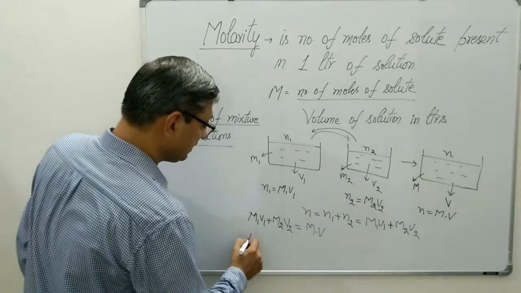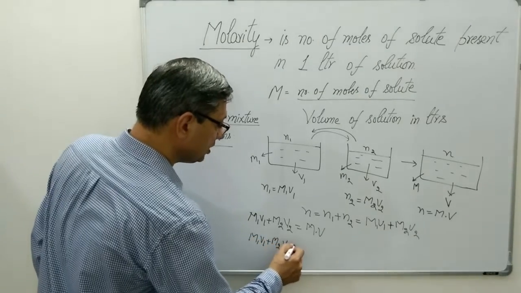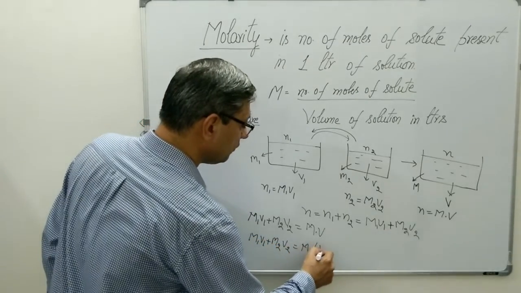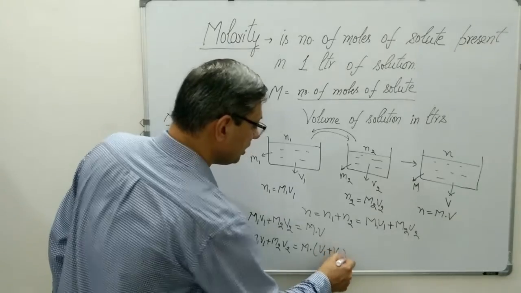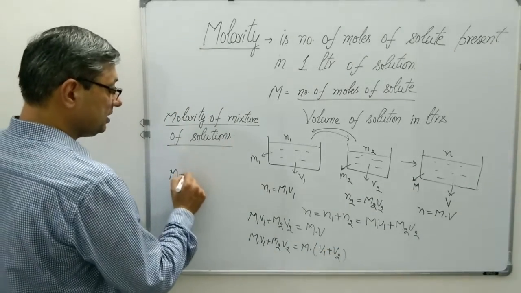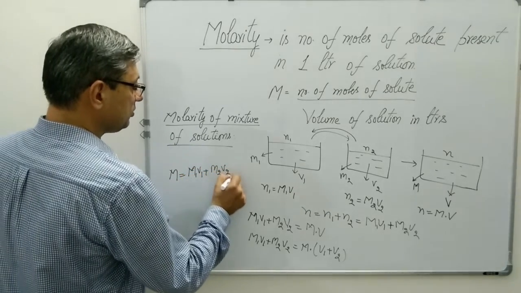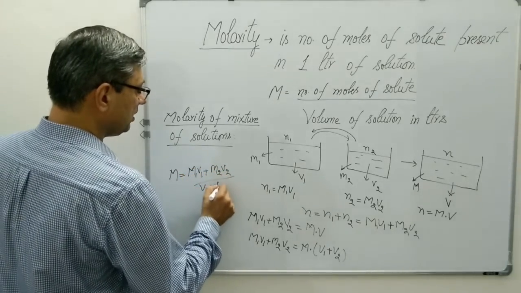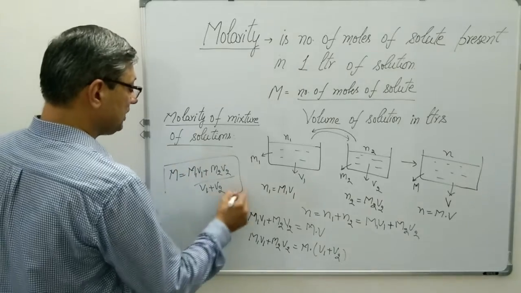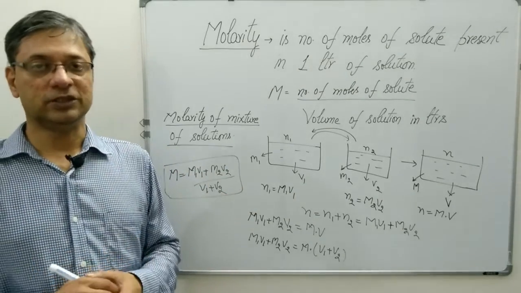Therefore, I can write M1 V1 plus M2 V2 is equal to M into (V1 plus V2) in place of V. Cross multiplying, I will be getting M is equal to (M1 V1 plus M2 V2) upon (V1 plus V2). Thus, we can determine the molarity of a mixture of solutions.